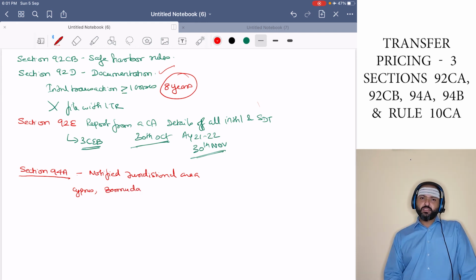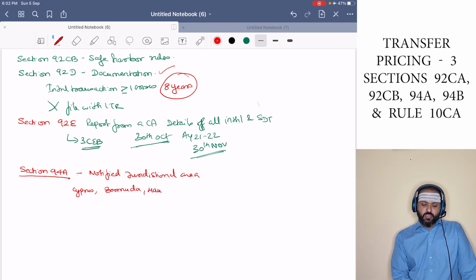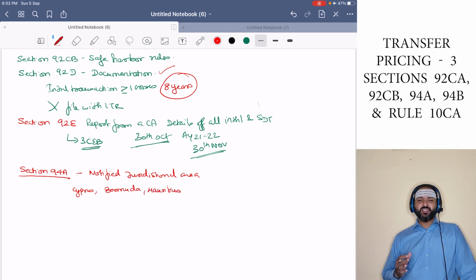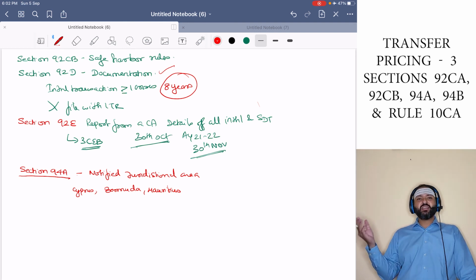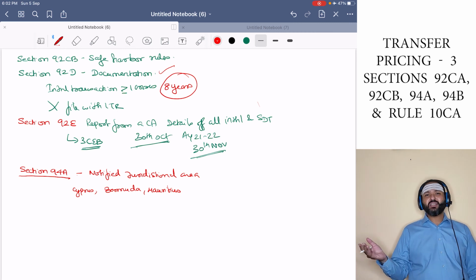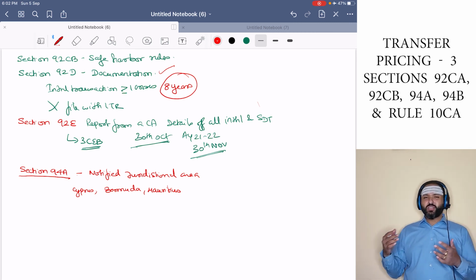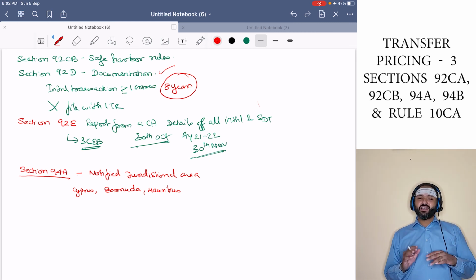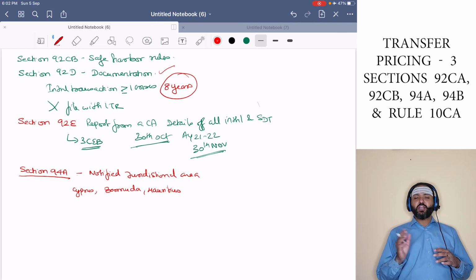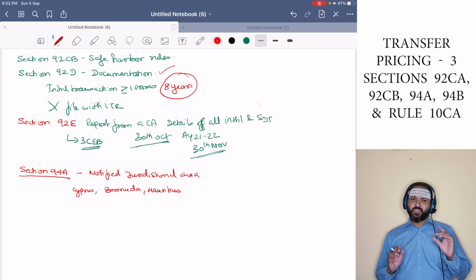Okay, so these are some examples. There are other countries as well, for example Mauritius. These are considered to be tax havens, and as you even see in movies, they start sending black money into other countries and bring it back into India so that they are able to call it white without paying taxes on the same.